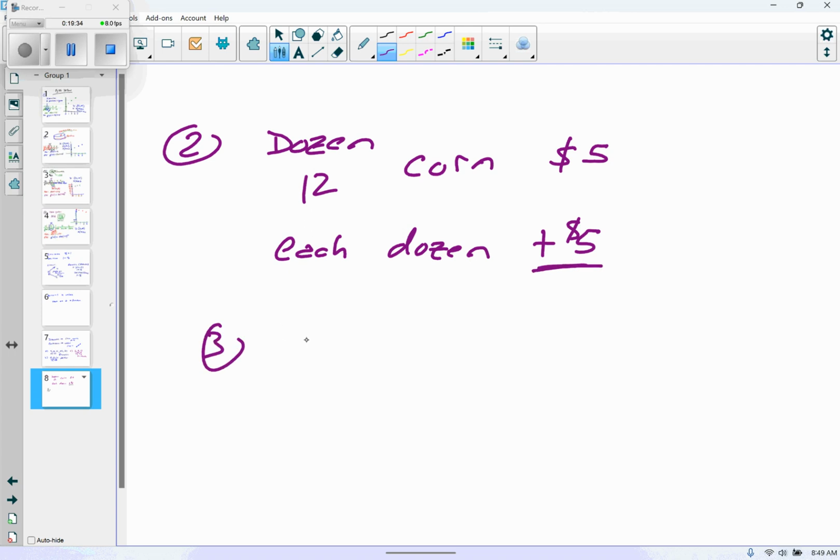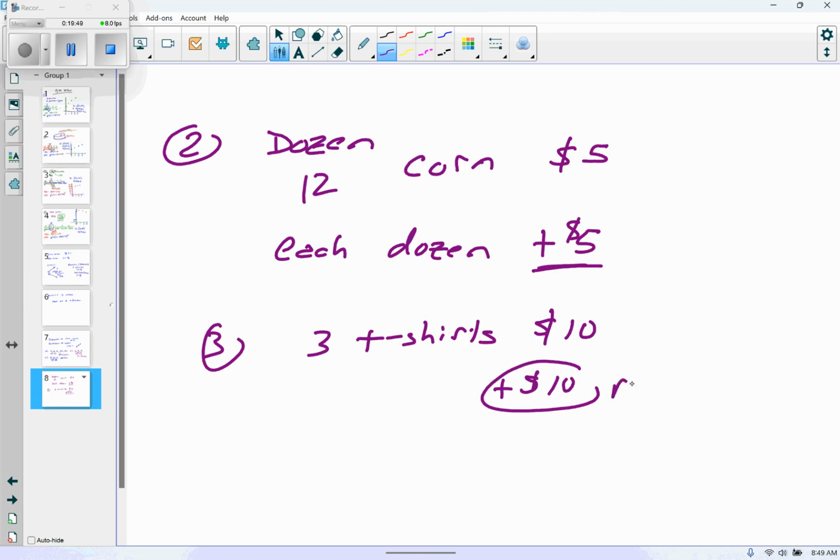Number 3 says 3 t-shirts for $10. So 3 t-shirts for $10. So that means we're going to add 10 to both sides. So that's kind of our rate. So this is like 3 for 10, This one would be 12.45. So this would be our rate.